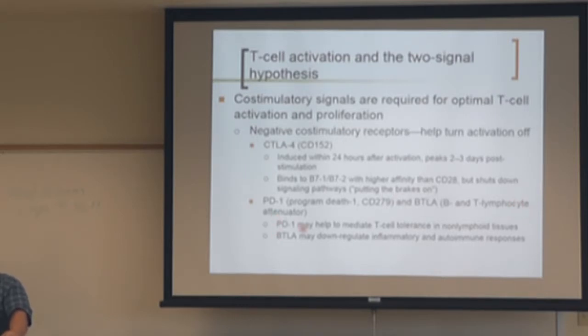PD-1, this probably wasn't in textbooks a couple of years ago, so PD-1 has been a new thing, but we found PD-L1 is expressed on lots of tumor lines, lots of tumors that are untreatable. So it's a target for immune therapies to block that PD-1, PD-L1 interaction.